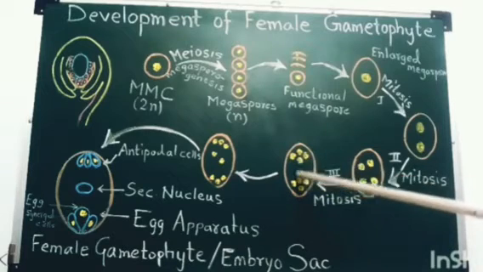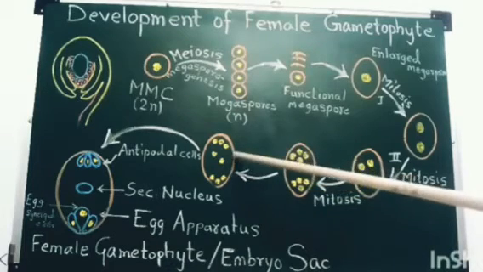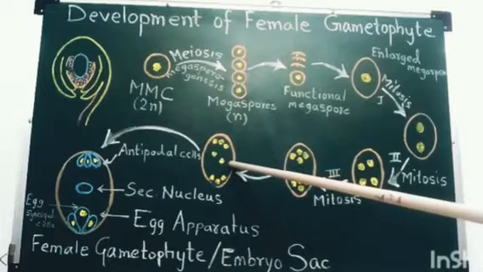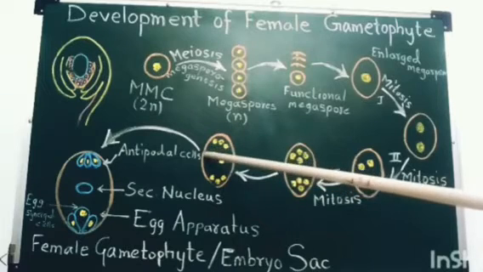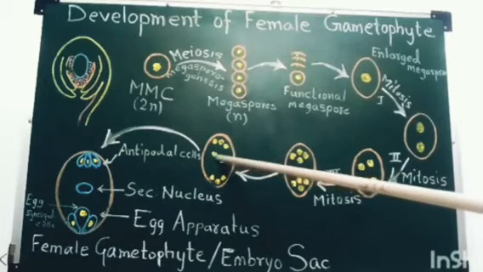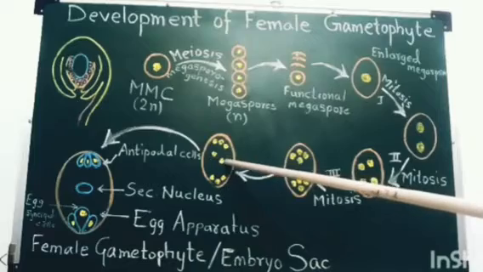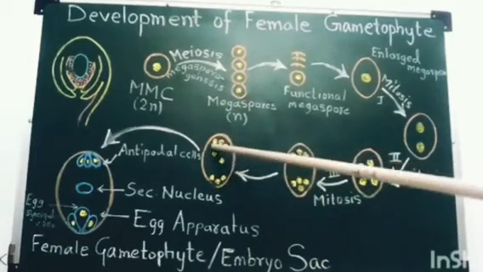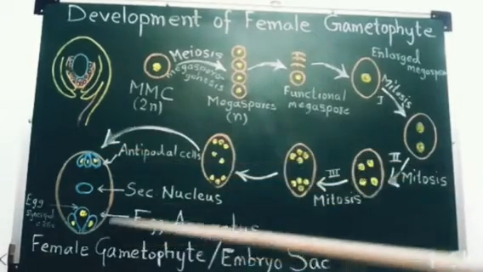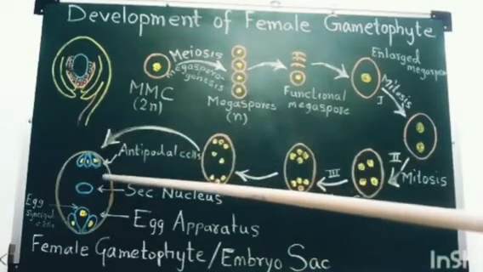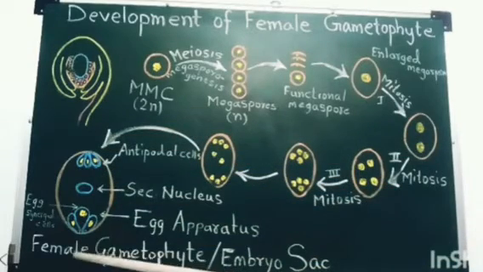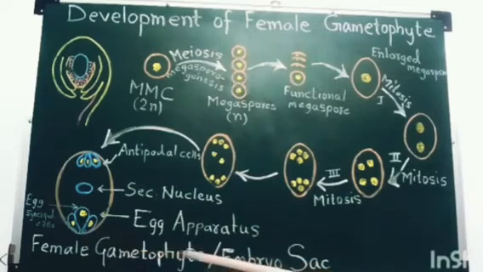Now one nucleus from each pole migrates towards the center, and these central nuclei are called polar nuclei. Now this structure undergoes cellular organization. So this final structure is called the female gametophyte, or the embryo sac.